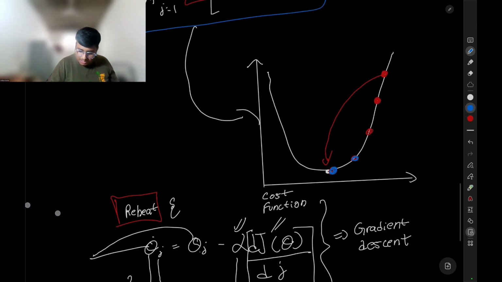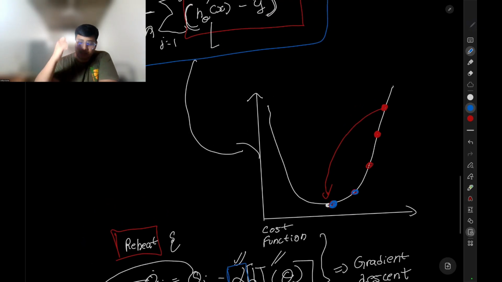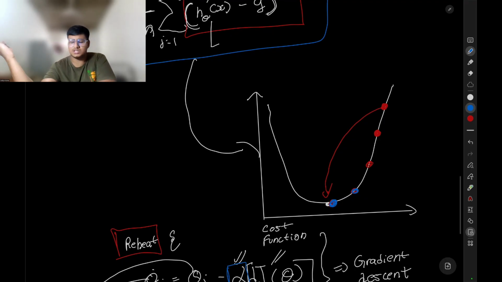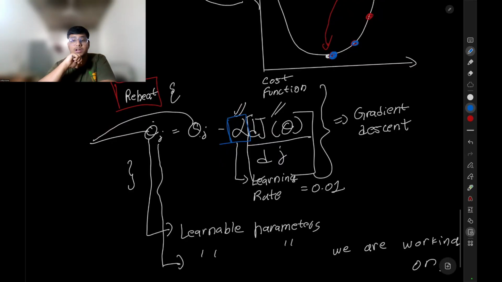Okay. So now we will discuss the learning rate. Okay. What is learning rate? Here we have set the learning rate as 0.01. In practice, if you go in the industry, we set the learning rate equal to 0.01. Okay. For example, what will happen if we do not use this hyperparameter called learning rate? Think about it.